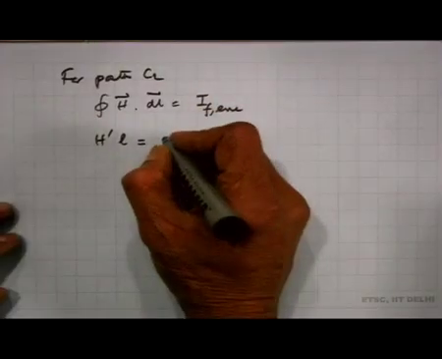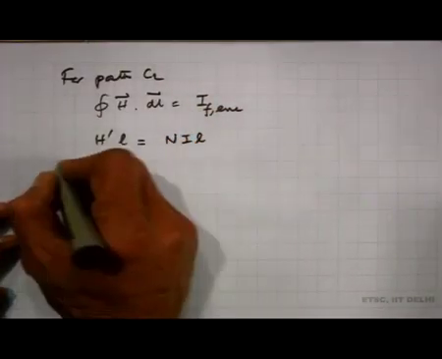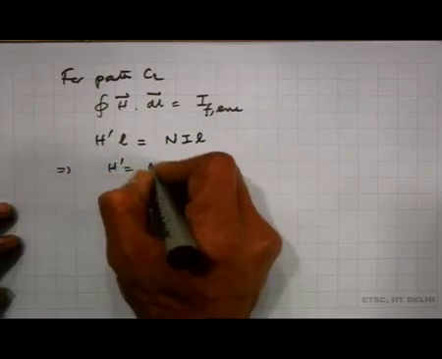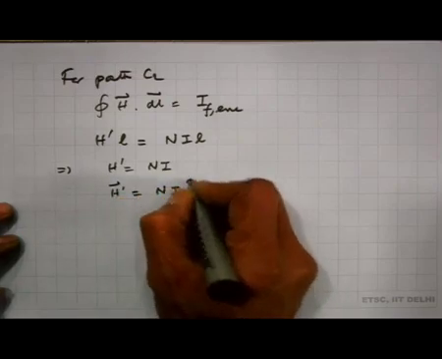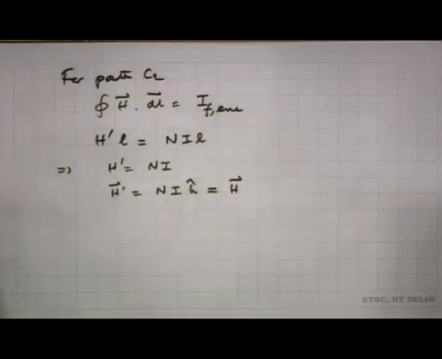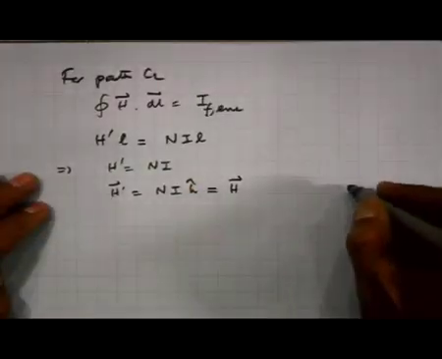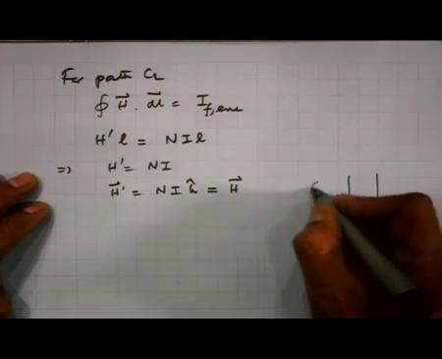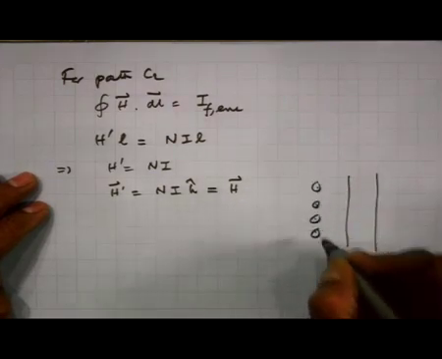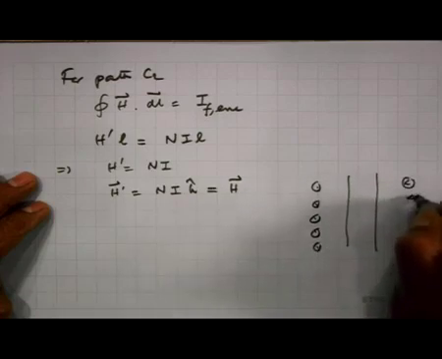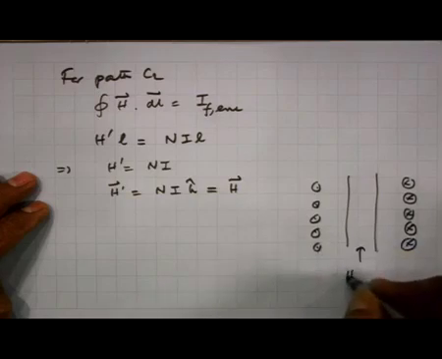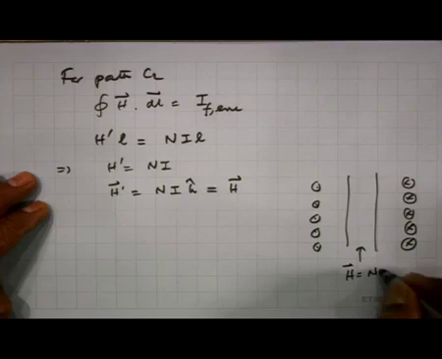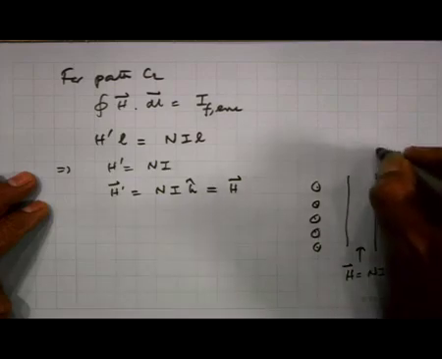So, this is equal to N I L, which implies H prime is equal to N I, and the H prime vector is equal to N I k, which is also equal to the H vector. H vector is N I k, H prime is N I k. So, if this is the material here, and these are the wires of the solenoid, here H is equal to N I k, and here H is the same.